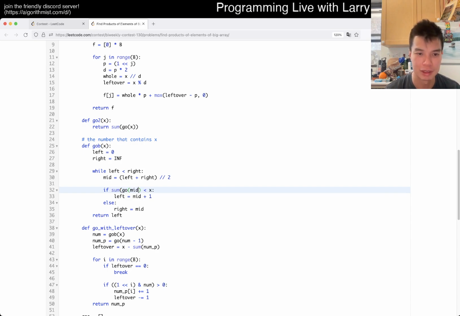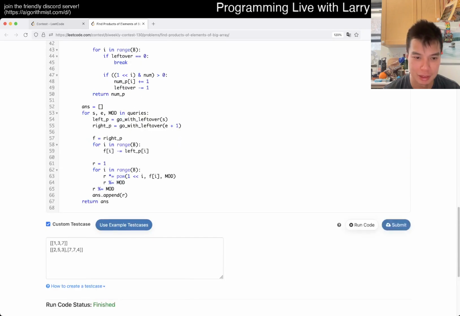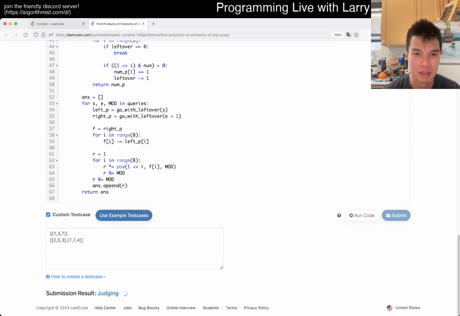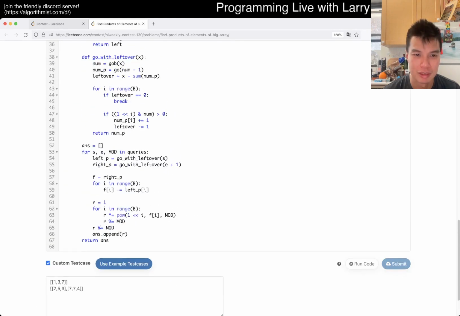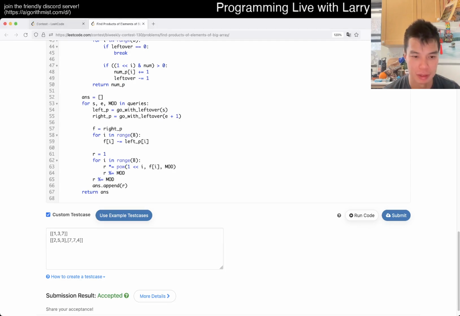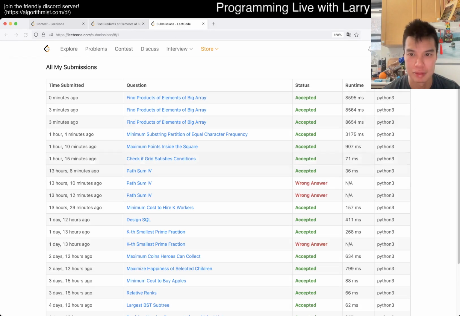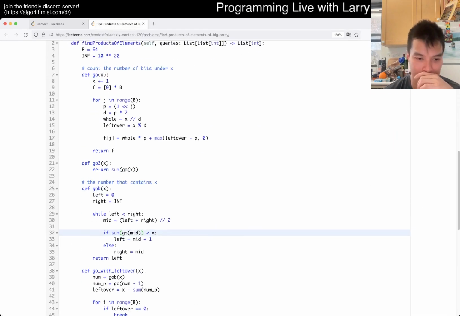I don't know if this makes it that much faster. Let's give it a spin. It's free now anyway. Yeah, not that much faster. A little bit slower even.